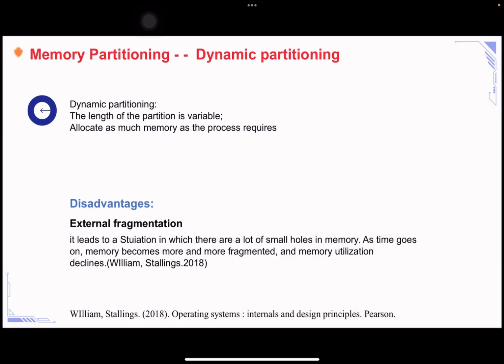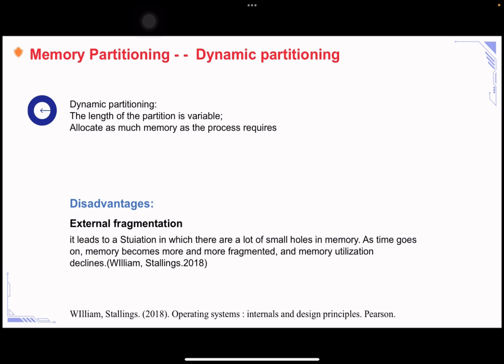And okay, here you can see dynamic partitioning. Dynamic partitioning is different from equal partitioning, varying partitioning, and fixed partitioning. It means the length of the partition is variable, allocated as much memory as the process requires. The obvious disadvantage is external fragmentation.